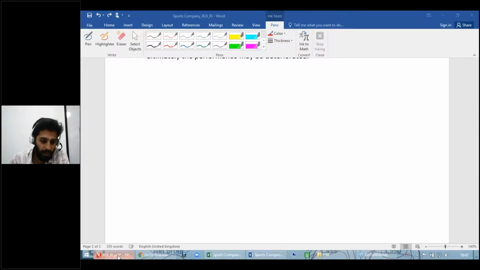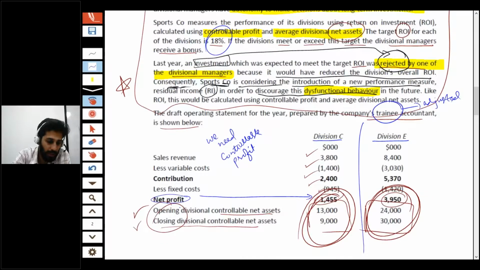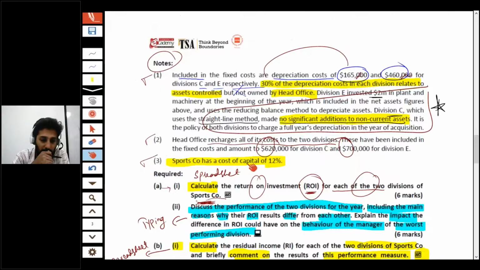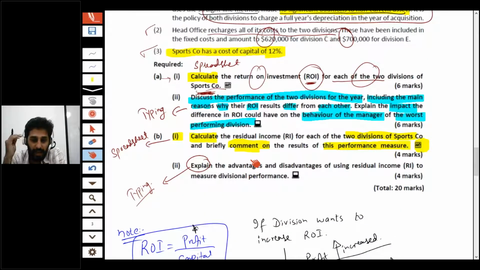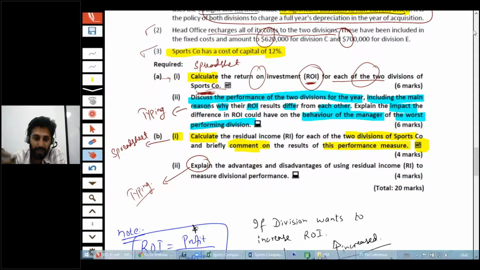And now for this part B, part 2, explain advantages and disadvantages of using the residual income to measure the performance.